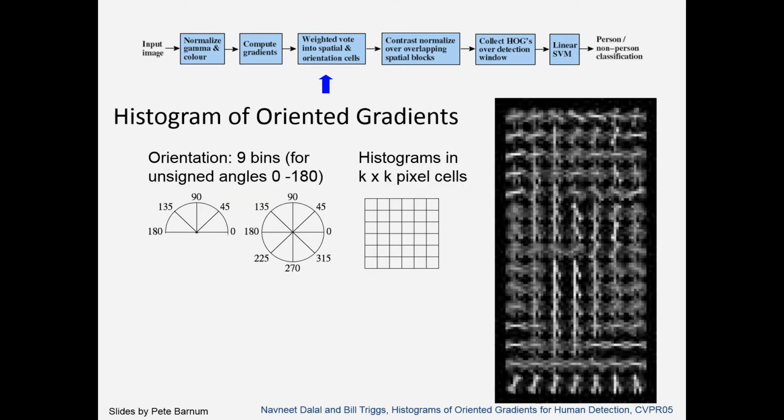After computing the gradient, you need to put the values into bins. He picked an angle from 0 to 180, with nine bins there, and the histograms are over k by k pixel cells.